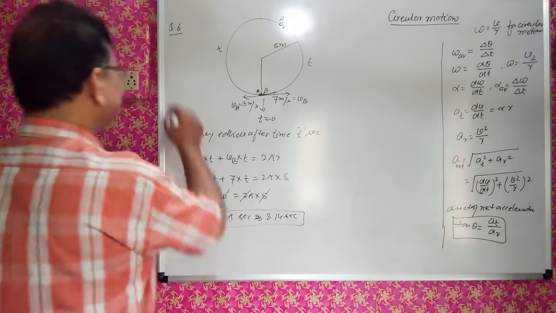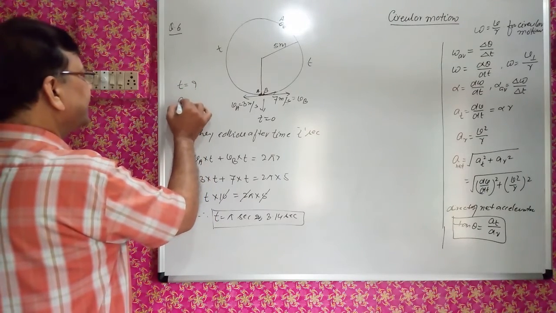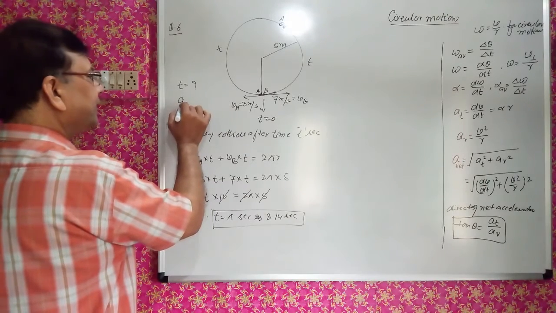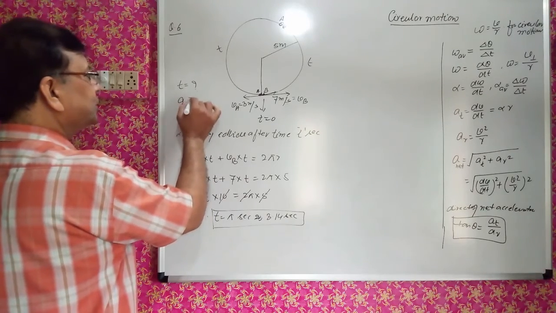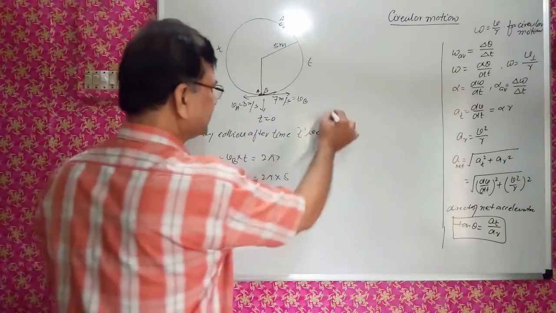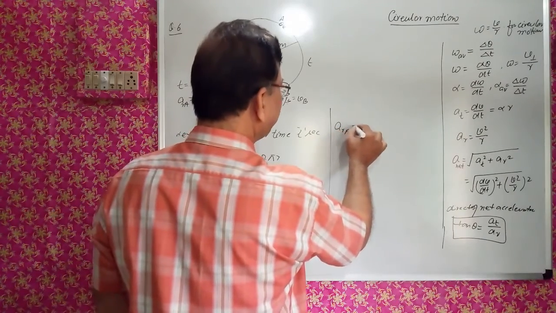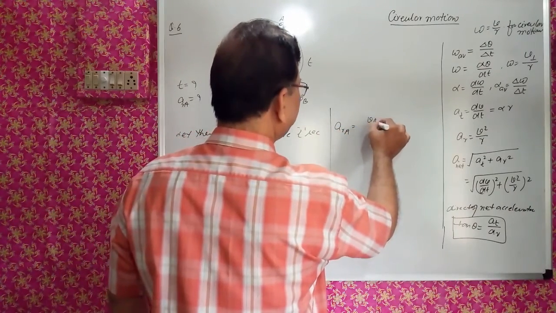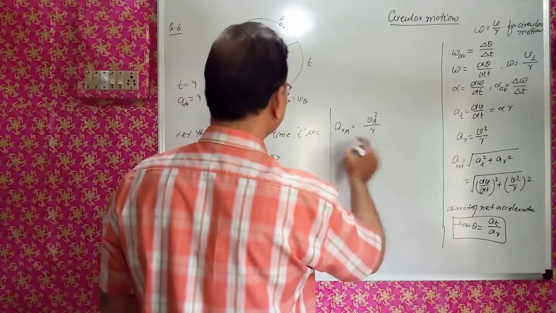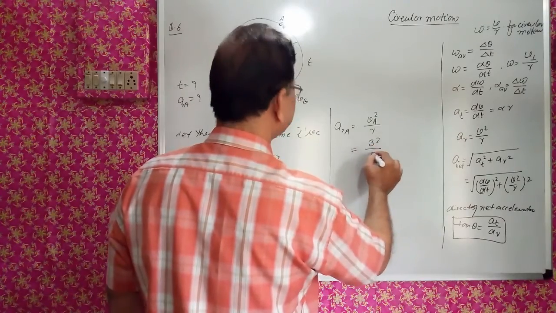And we are asked T is equal to what? And ARA, that is equal to what? Means what is the radial acceleration of A? So that too we can find. ARA is equal to VA square upon R. VA is 3, so 3 square, R is 5.